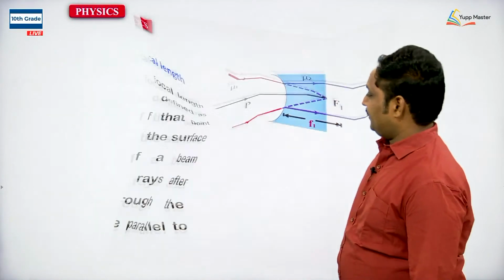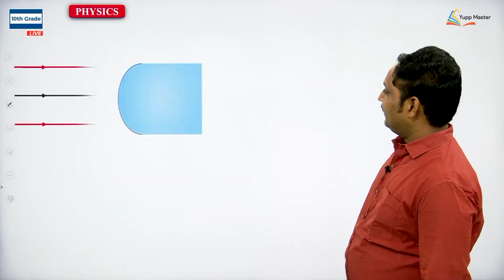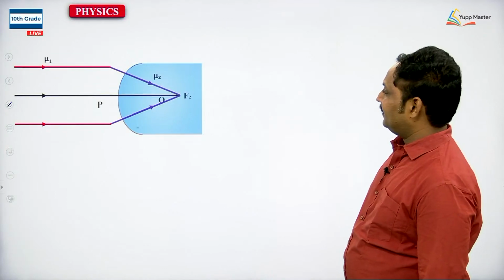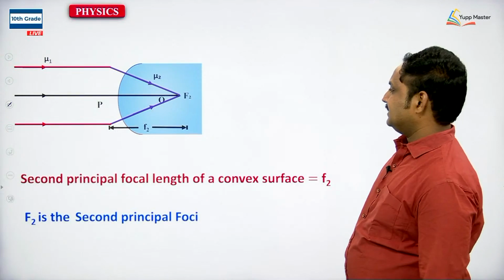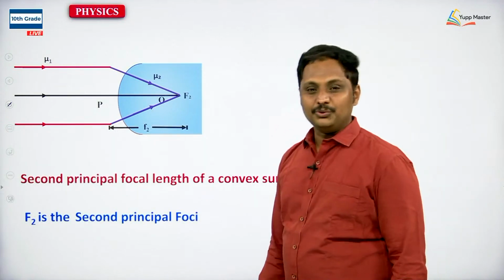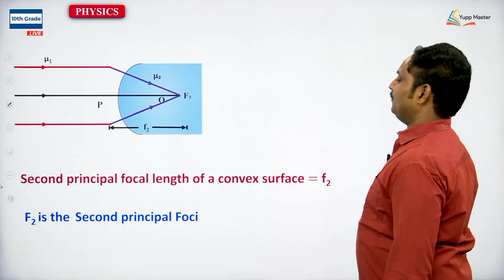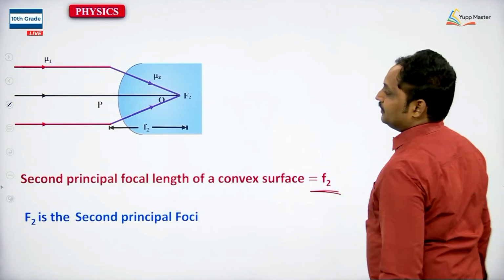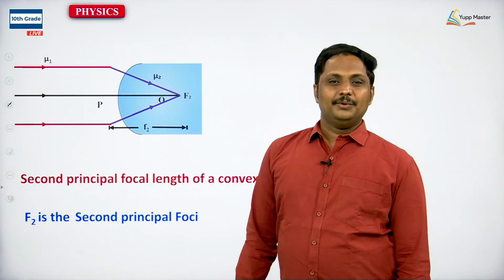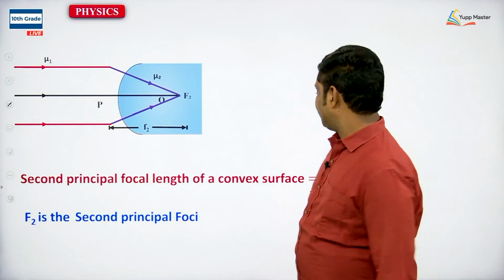Next, we are going to look into the second principal focal length of a convex surface. We are going to talk about the second principal focus.